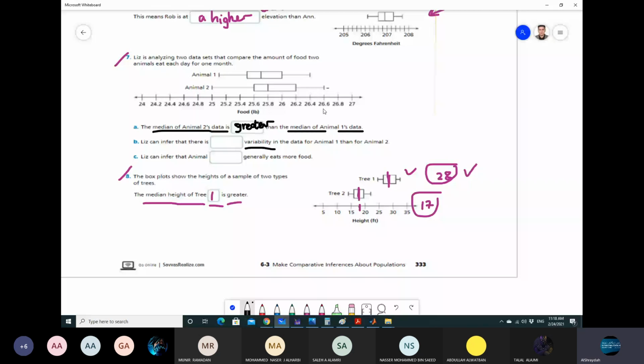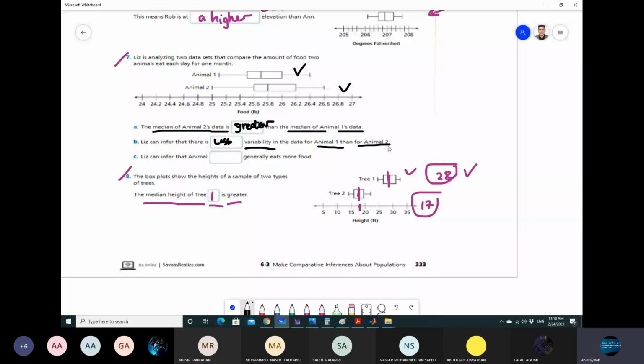Here in animal 2, the width is greater. So if you have a greater width, you have a greater variability. So this can infer that there is less variability in the data of animal 1 than for animal 2.